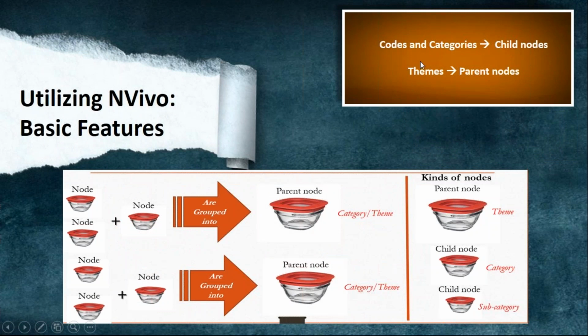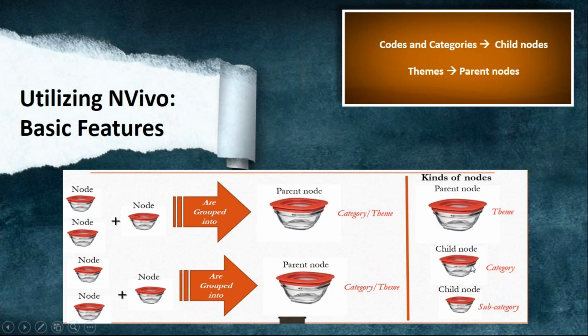In a normal situation, we have codes and categories. In NVivo, they call codes and categories child nodes, and the themes will be parent nodes, right? So you can see that these are all child nodes. When you group them, you form a parent node. So you can have a category under any category or a code under a main code.